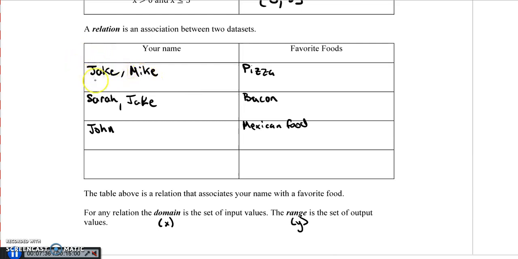Well, here we have a problem because Jake, when he appears in the domain, he is relating to two different foods. So this, what we just created here, was not a function. If we got rid of one of the Jake, so Jake only is able to like pizza now, right? He no longer can like bacon, then it is a function because each name in the domain only goes to one name in the range.